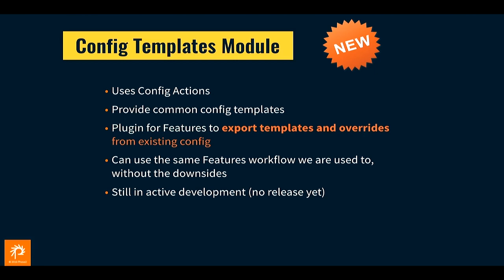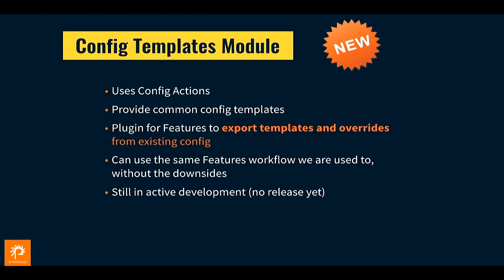So you don't even have to write your actions manually anymore. Like I say, right now this is in dev. We're working on it here because I don't really want to touch features right now and make a lot of changes, so we're experimenting in this config templates module with some alternatives so that maybe in a year or so you'll see features improved to a more usable tool in D8 that does something more like what we want here. So take a look at it.